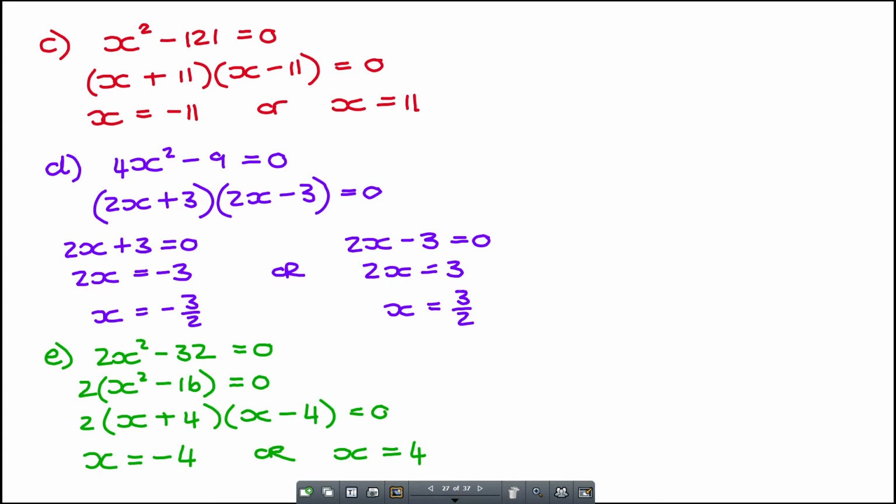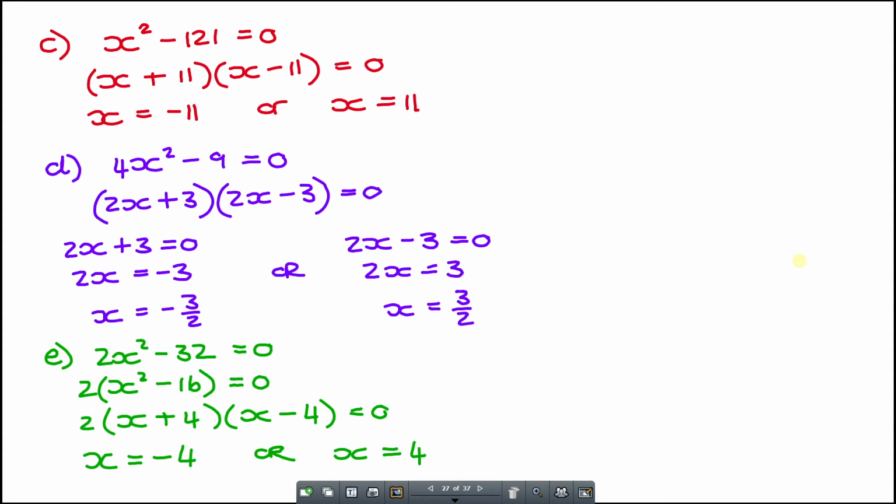Trinomial, we need 3 terms. And how many terms do we have here? 2. So trinomial is also not going to work. So the only option left is difference in two squares. Now, what do we need for difference in two squares? We've got to have 2 terms. There must be a minus in between, and I must be able to get square root of each. And then I know it will be 2 brackets that look exactly the same.